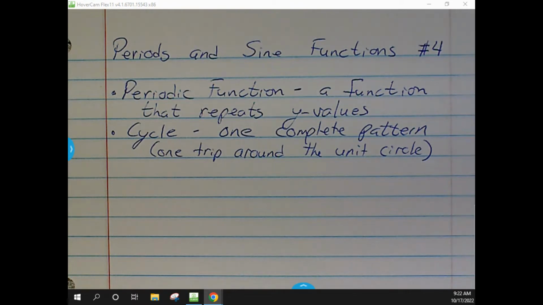So a cycle, it's one complete pattern where you've done all the y values that you can do, and that's kind of what we're thinking about in this case. It's one trip around the unit circle.